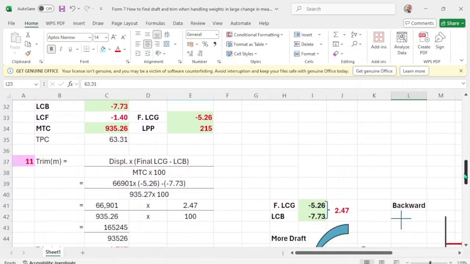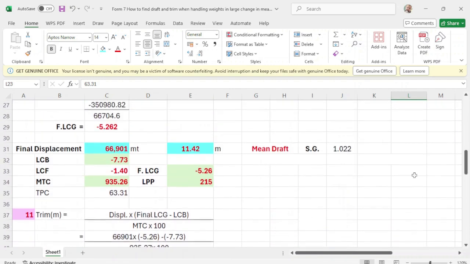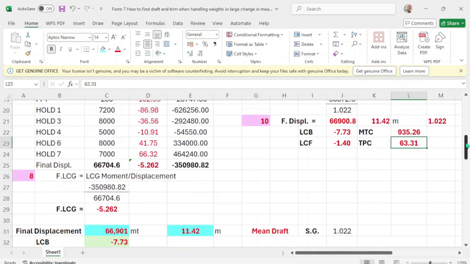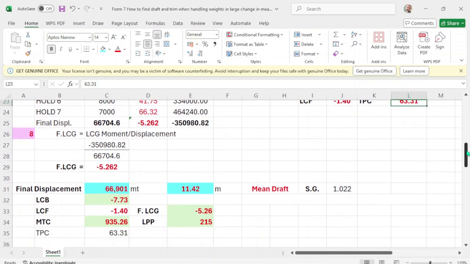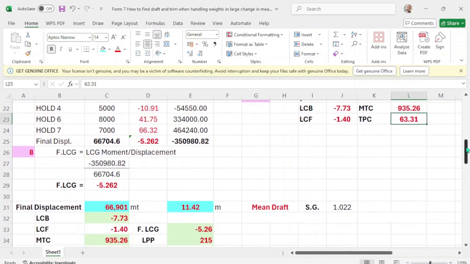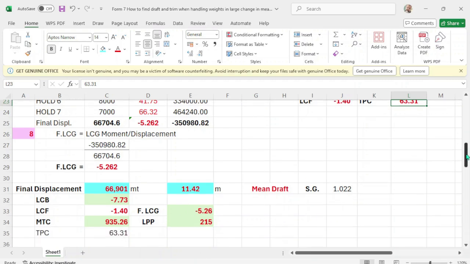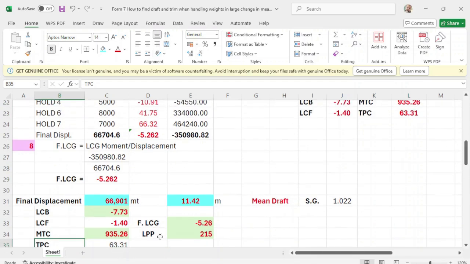What is LCB is 7.73, LCF is 140, MTC is 26, TPC is 6331.